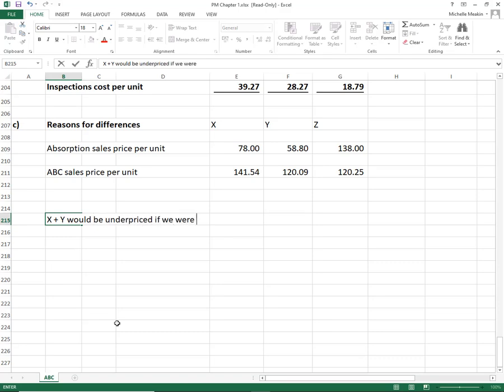If we were using absorption costing, we would have priced it at $78 and $58.80. What does that mean? Well, potentially we would have made higher sales. However, if we have got higher sales, we may be in a situation whereby we're not covering our costs. We are not able to meet customer demand. Why? Because we haven't priced our product right.